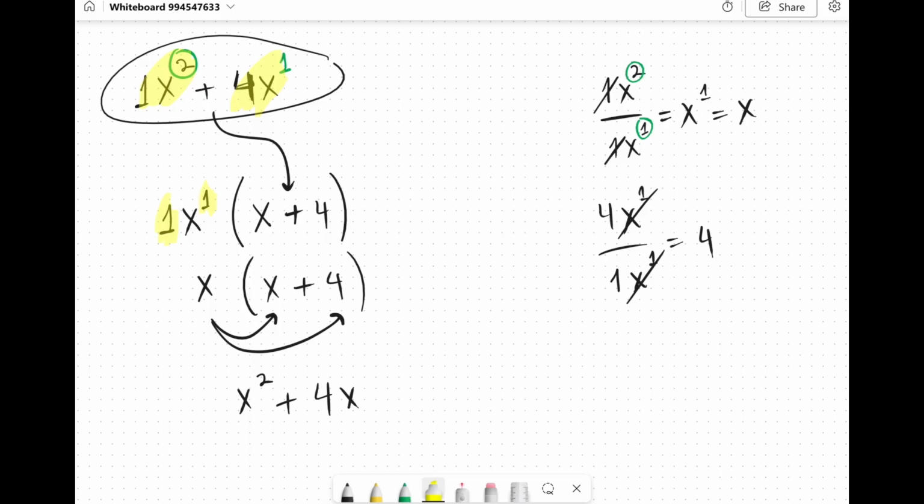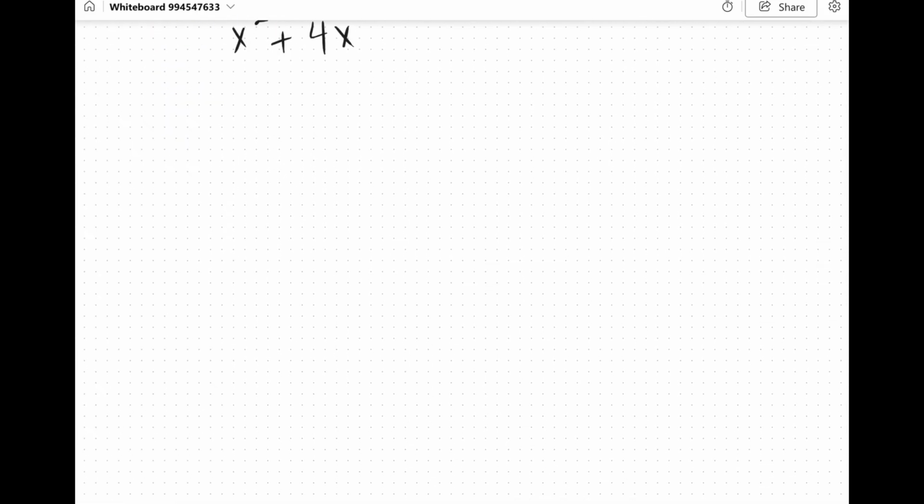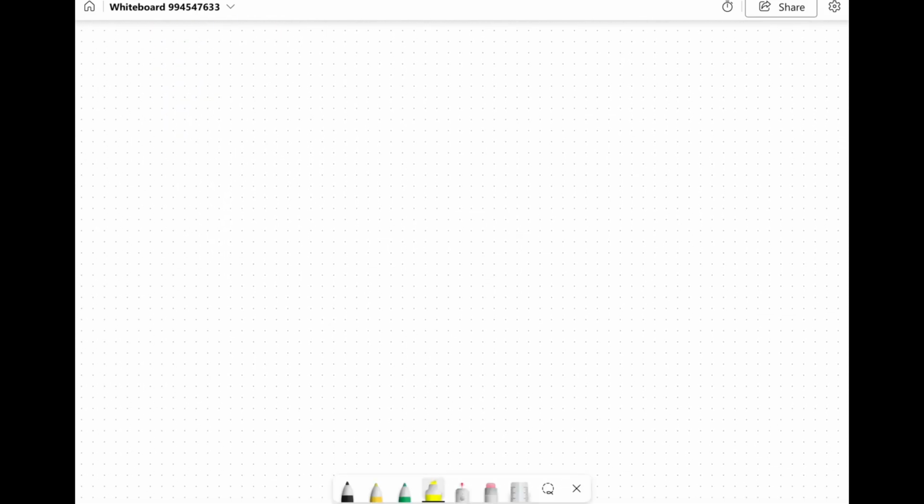What we can use this factoring for is solving equations with factoring. So instead of just asking you to factor, some of the questions will ask you to solve. Here's one example. You have x squared plus 4x equals 0.